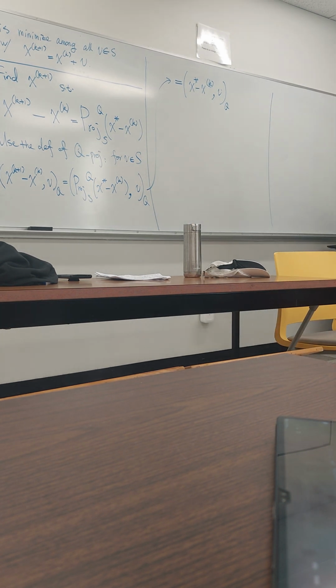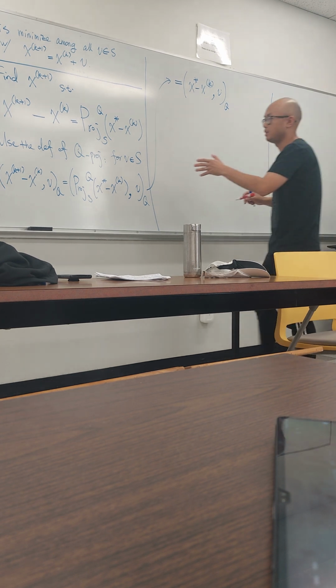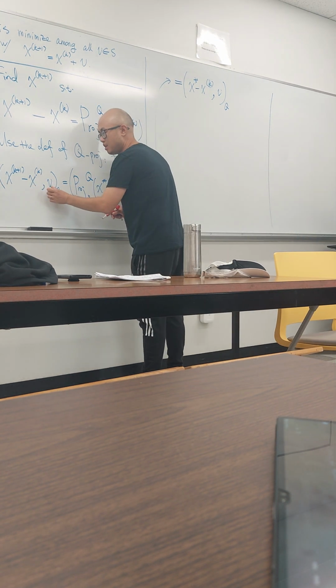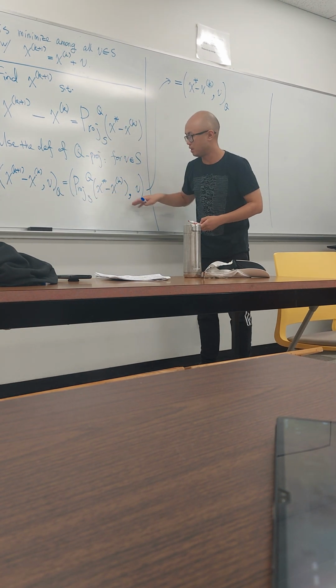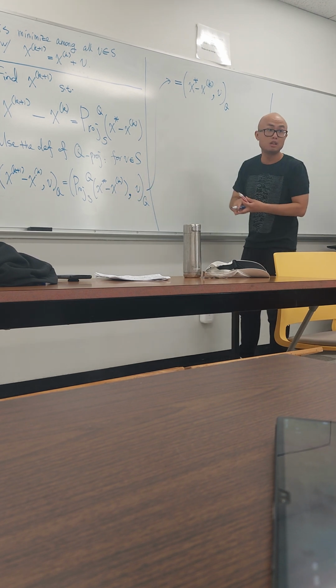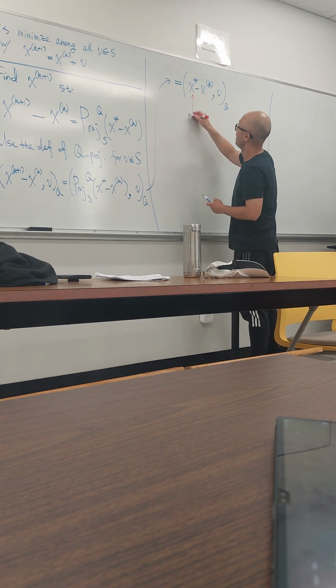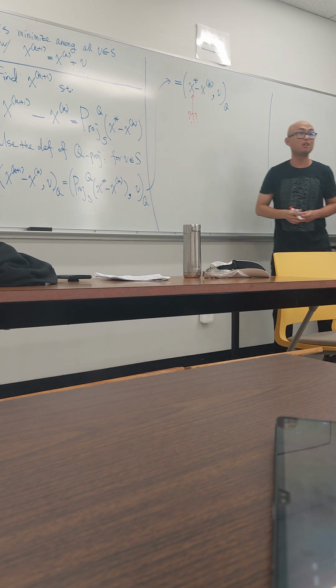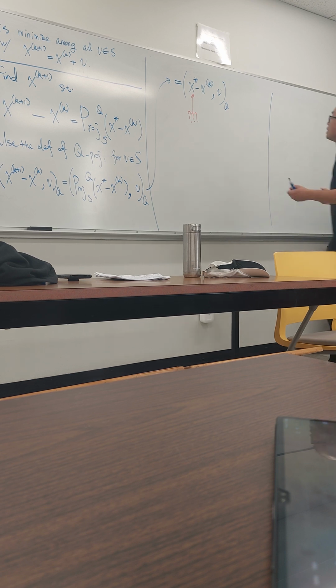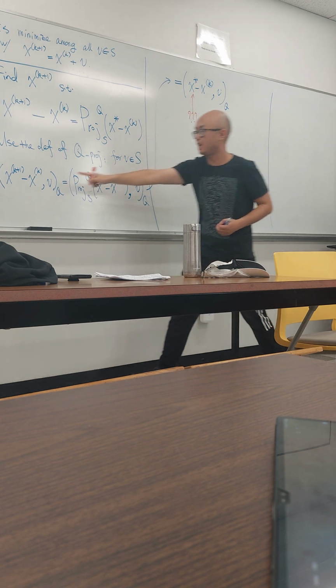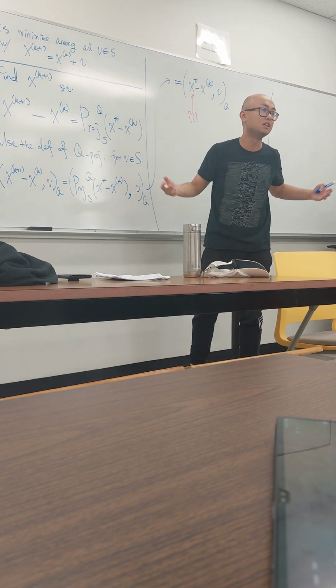Now we face a difficulty. Think about this. If this inner product is known, it can be computed. But x star is unknown. We want to find x star. The whole point of our algorithm is to find x star, but now x star is in our equation. To get the next iteration, we need to use x star. This doesn't make sense.